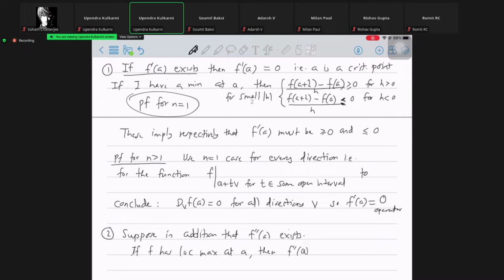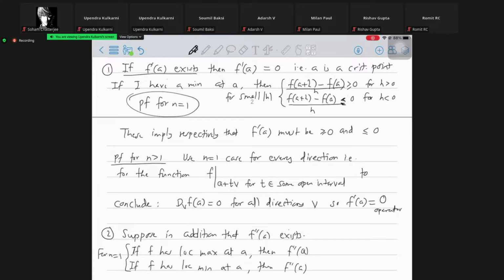So we will go to the proof, but let's just say for the one variable situation first, n equal to 1, and then we will see how to generalize it. If f has a local max, respectively local min, then what do I know about f double prime of A?